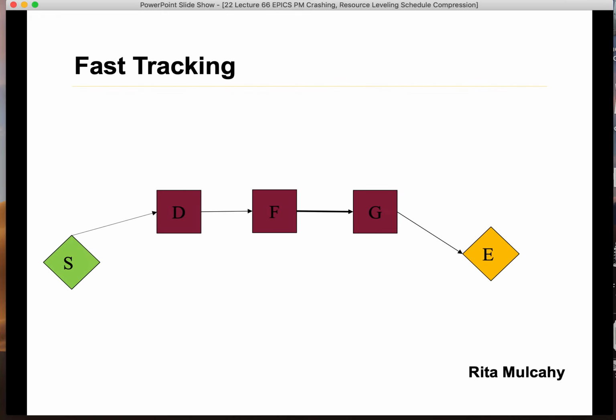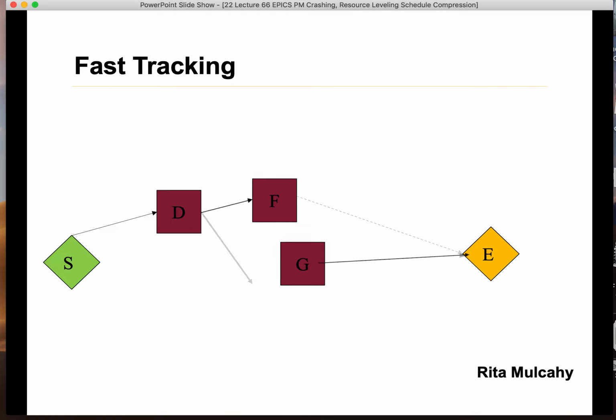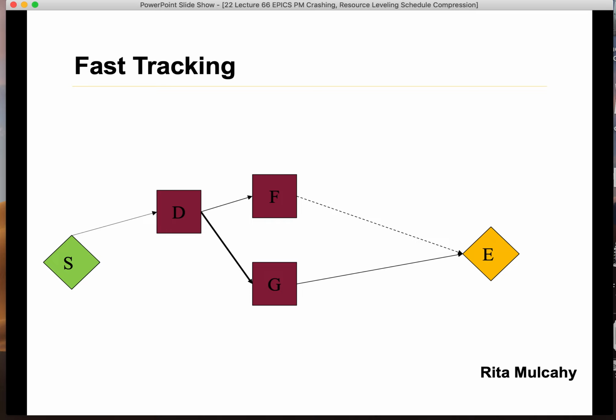Let's say you have this kind of network diagram. It starts, and then you have activity D, activity F, activity G, and then the project ends. How can you fast track this? Can you do some activities in parallel? There may be a few solutions, but my solution for you is, if you can, do F and G in parallel at the same time.